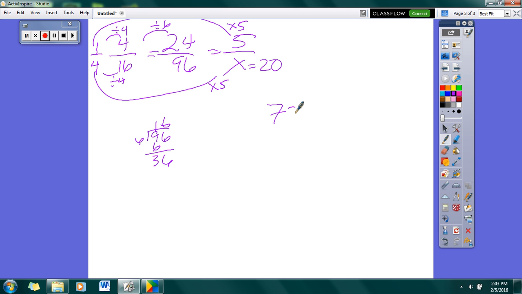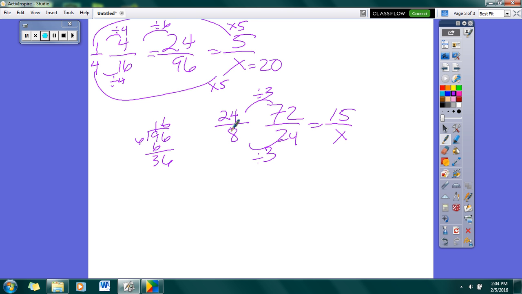72 over 24 equals 15 over x. So I'm going to reduce this down. 24 times 3 is going to be 72. I'm going to divide this by 3. This is going to be 24, and this is going to be 8.